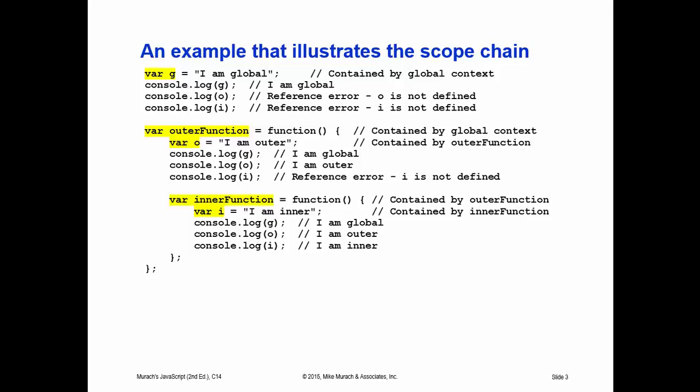If you notice up at the very top, we've got var g equals "I am global." It's a global variable, so it's known throughout this entire program, and it can be used anywhere, and it can technically be changed anywhere in this entire program.